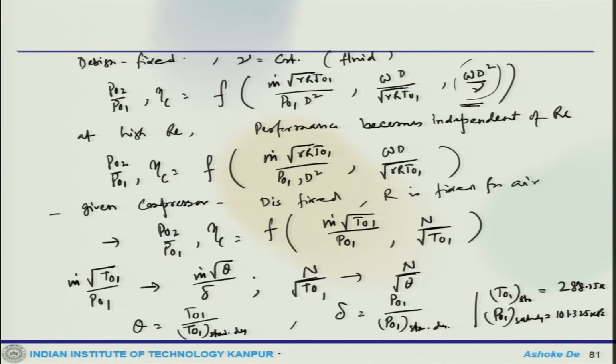So, these choices now bring us back to these two non-dimensional groups. Now, they can take care of the variation in the ambient conditions compared to the standard atmosphere.